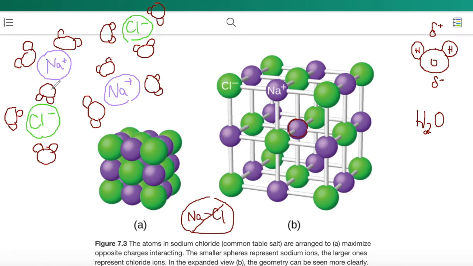And the negative ends here are pointed toward this sodium. So they do separate, they dissociate in water. That makes a salt water solution a very good conductor of electricity. Ionic compounds can be called strong electrolytes because they completely dissociate, and the water is now full of charged ions, and so it conducts electricity fairly well.